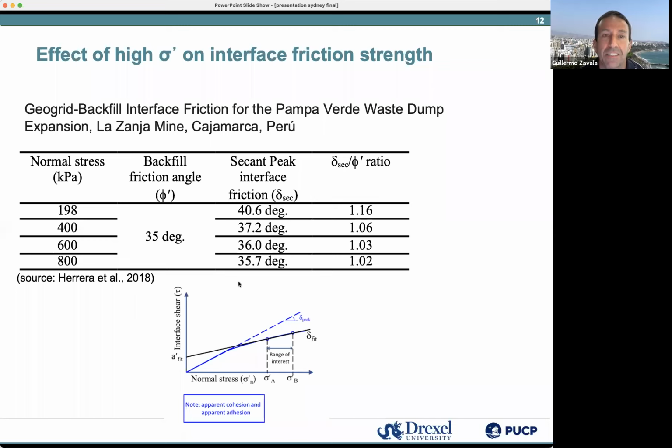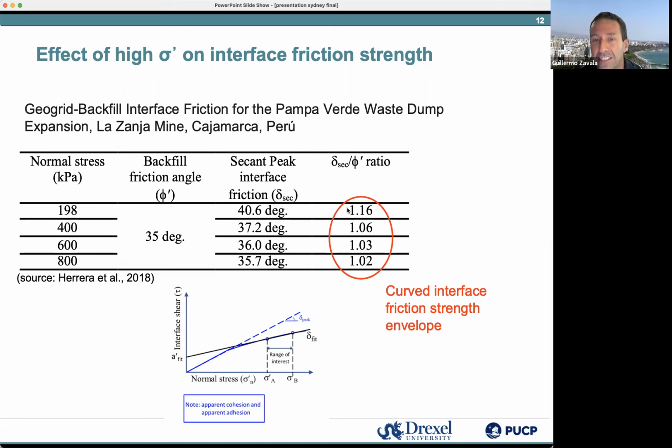Here we can actually see a study from the last case presented, which is Pampa Verde waste dam expansion, where they did tests up to 800 kPa. And what we can see here is that we did find a curved interface friction strength envelope, just by looking at this delta over phi ratio.